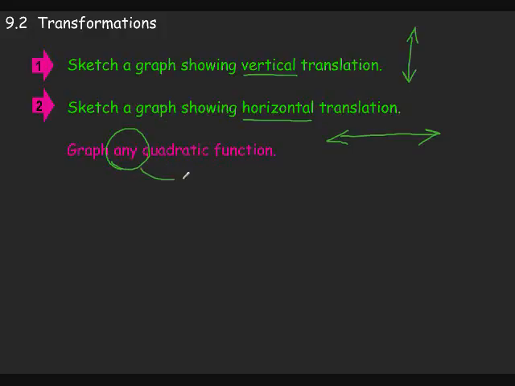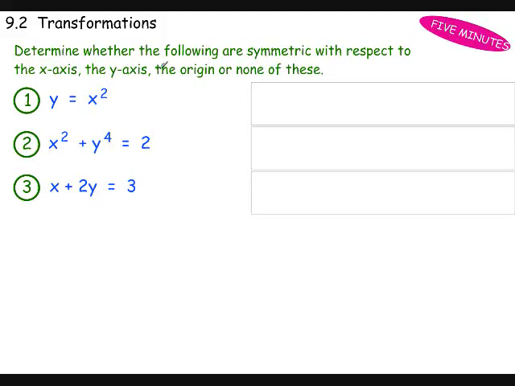Now that's a three-letter word that has very big implications, doesn't it? Any? Well, let's see about that. We'll check back later and see if we think we achieved that. Okay, we're going to try to do this in 5 minutes. This is a review of how you determine symmetry by looking at the formula itself.